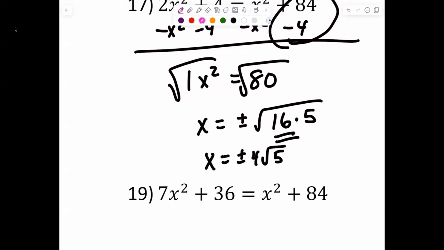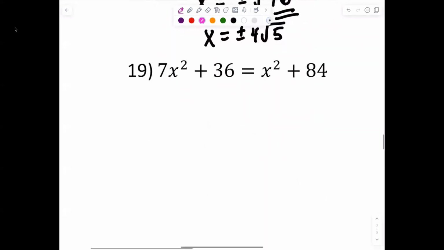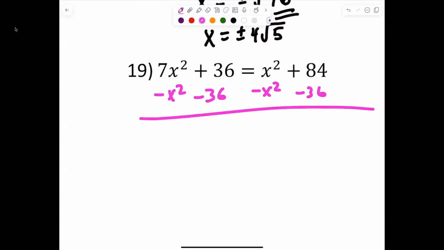All right, here we go. Let's take a look at minus x squared, minus x squared, minus 36, minus 36. So 7x squared minus x squared is what? 6x squared equals, yeah, 84 minus 36.